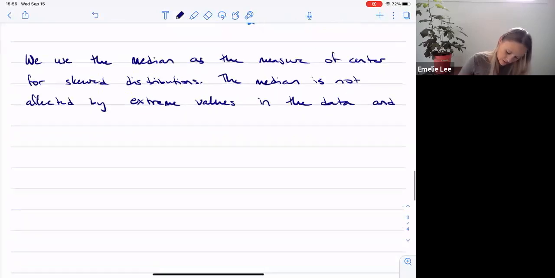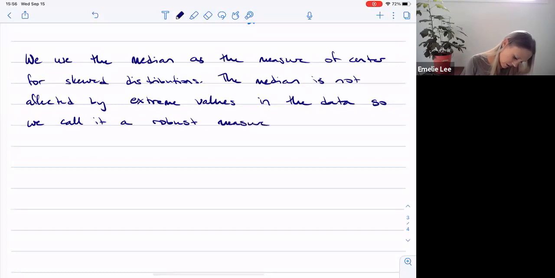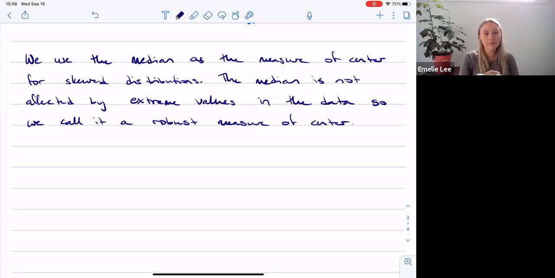And I guess I should say, so we call it a robust measure of center. Okay.